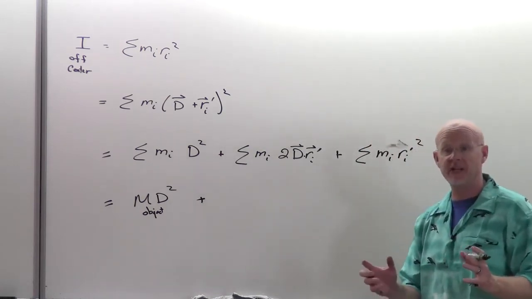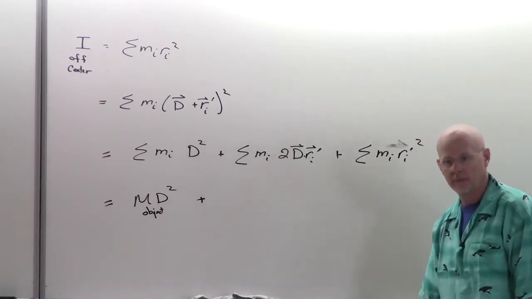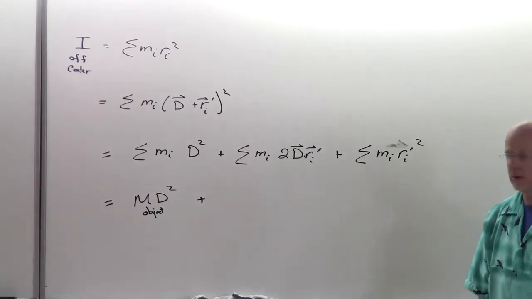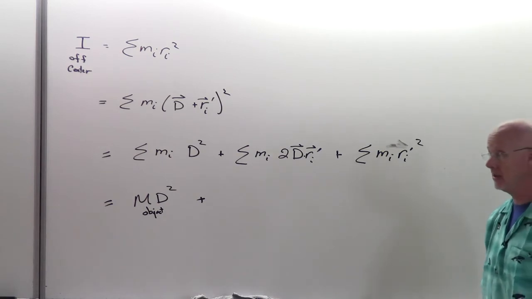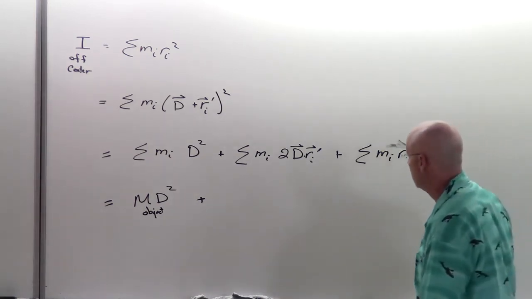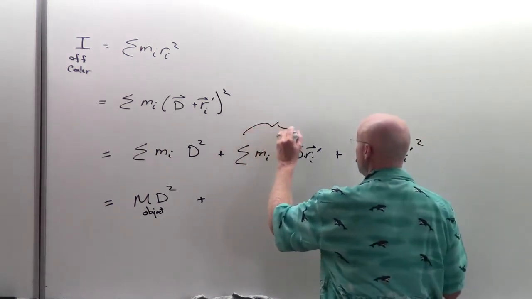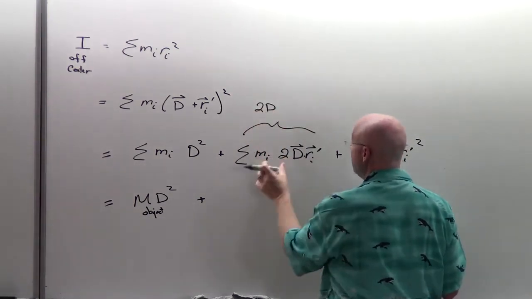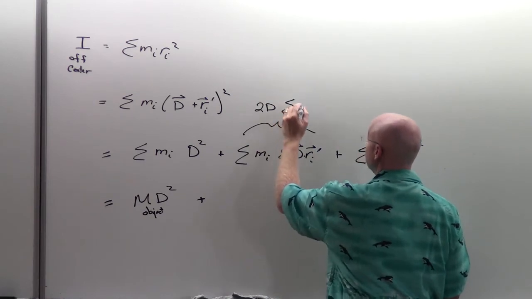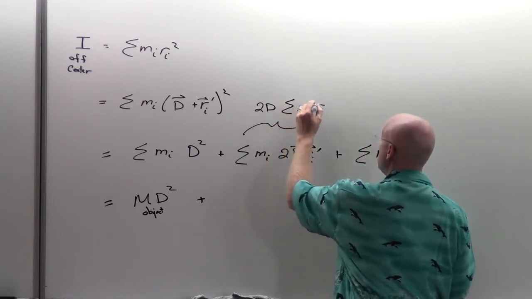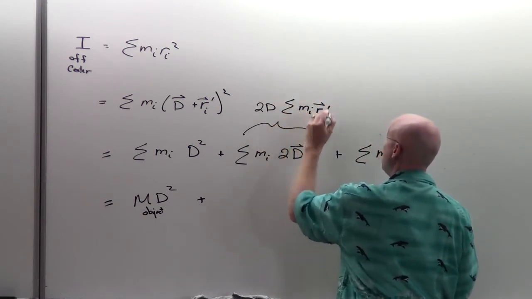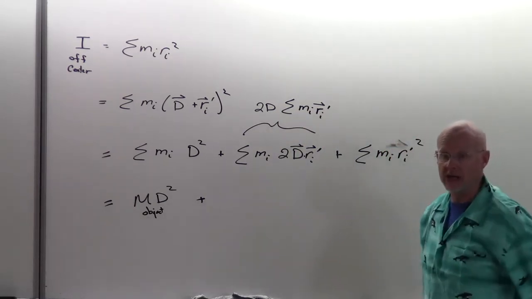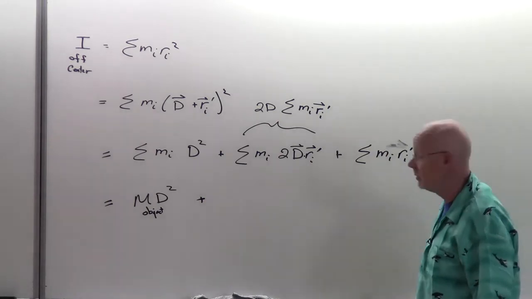This one even simplifies better. Perhaps harder to see. What does that one come out to be? Maybe you'll see it better if I rearrange it. The 2 and the d are the same. So let me bring them in front of my summation and pull them out.